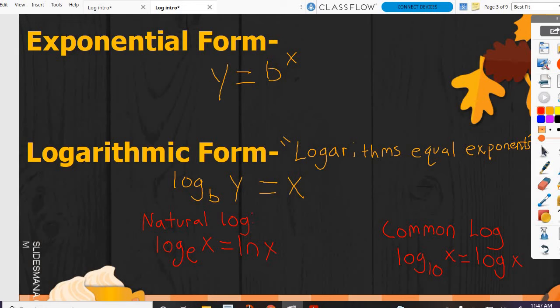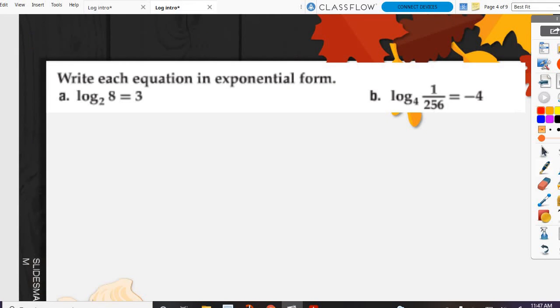Alright, so like we said, we have 2 different forms, so we can switch back and forth between the 2. If I'm given something in logarithmic form, there's a good hint because it says log in it, and we want to switch it to exponential form. Our base of our logarithm is 2, so that's also our base of our exponential.